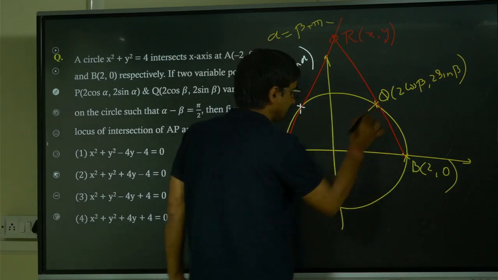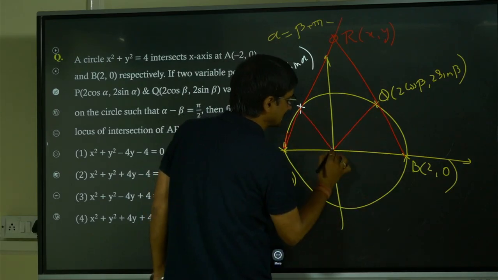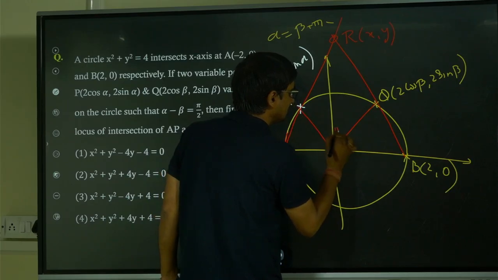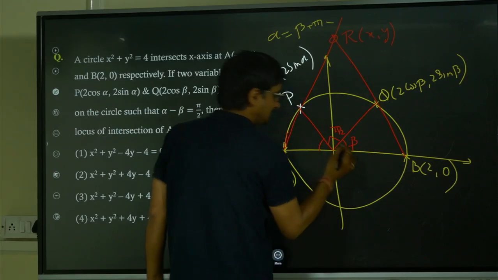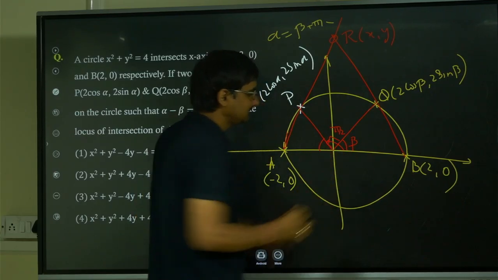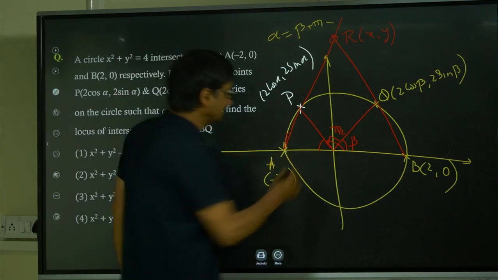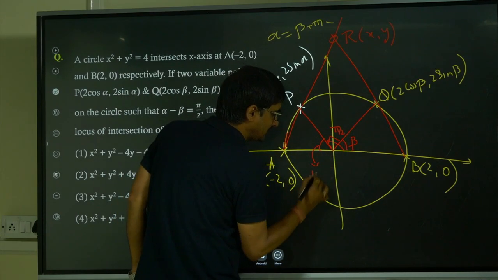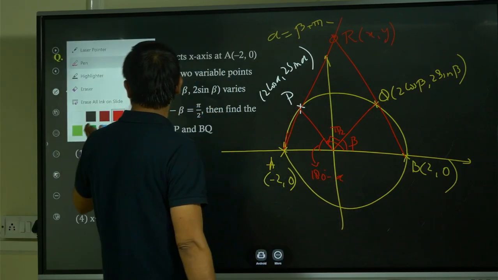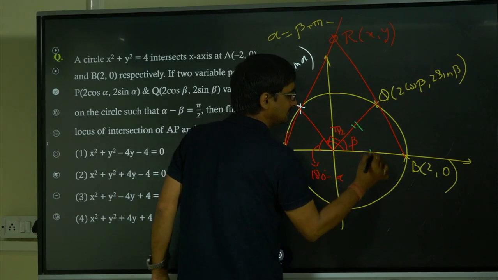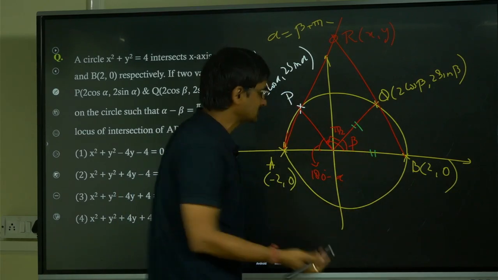Okay, see. This angle is 90. This is beta, and this entire thing is alpha, isn't that? Beta plus pi by 2. So this is nothing but 180 minus alpha. Now this is R, this is R. So isosceles triangle, beta gone.